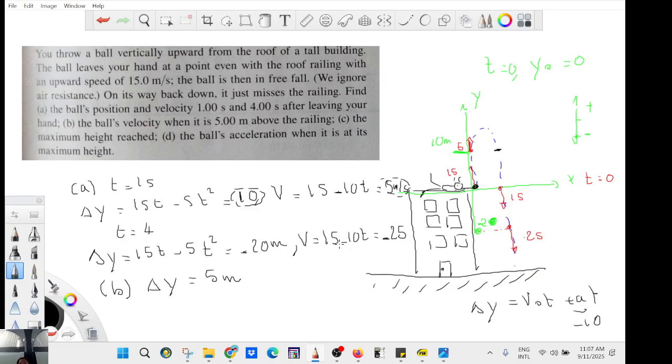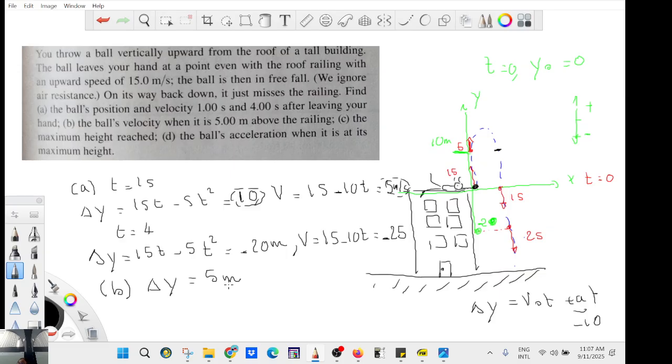Because t equals 4, so you do 15 minus 40. You need to have on your tablet or notebook or next to you the equations of kinematics always, so that way you don't need to memorize. So delta y equals 5.